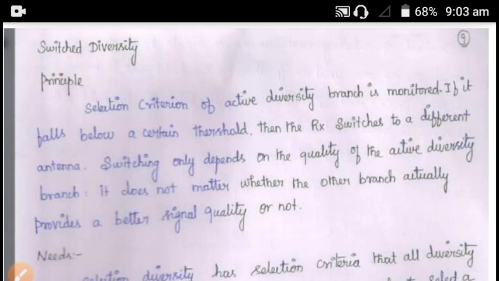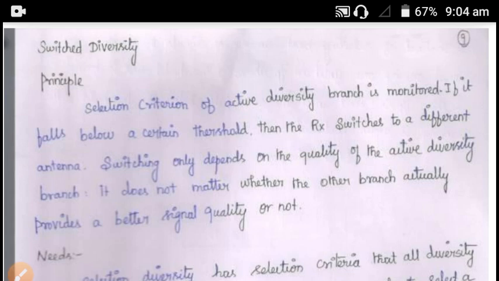It just depends on the quality of the active diversity branch. If the quality is good, it will select that antenna. It does not matter whether the other branches actually provide a better signal quality or not.